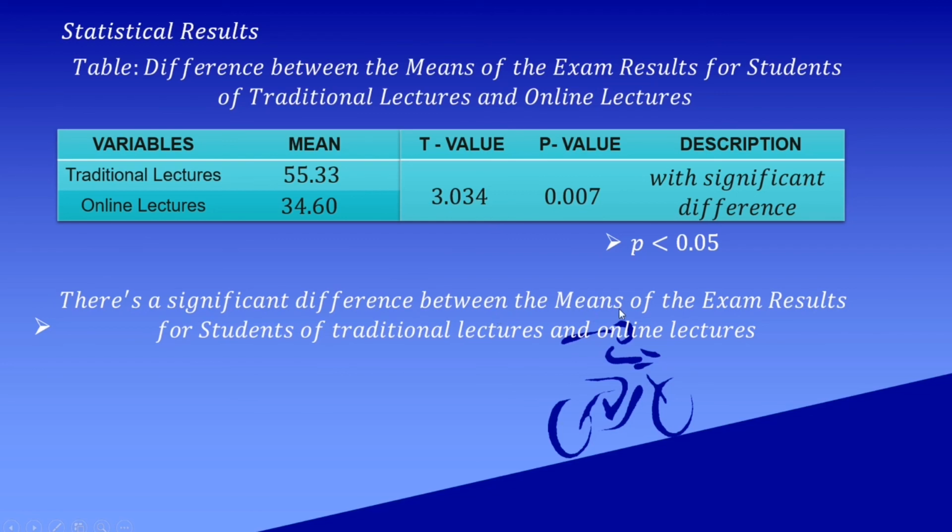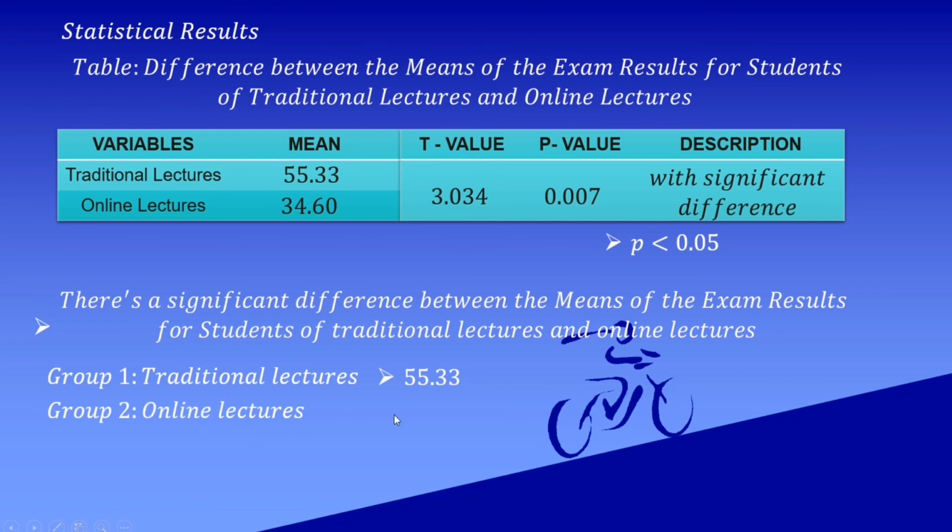To conclude, there's a significant difference between the means of the exam results for students of traditional lectures and online lectures. If we look back at the actual mean exam result values, then we see the group 1 mean and the group 2 mean.